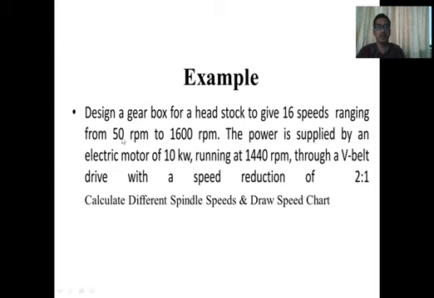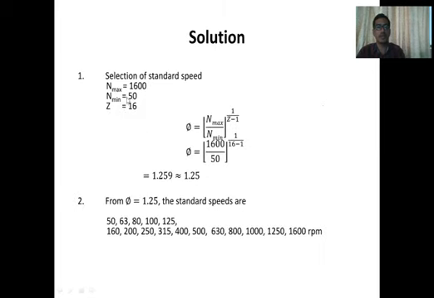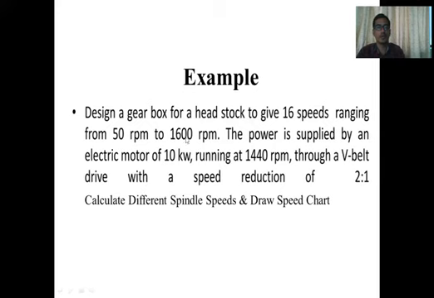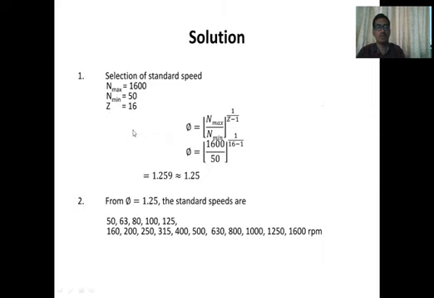So the minimum spindle speed is 50 rpm and the maximum is 1600 rpm. So here N max is equal to 1600 rpm and N min is equal to 50 rpm. This is the selection of the standard speeds. The total number of speed steps is 16.